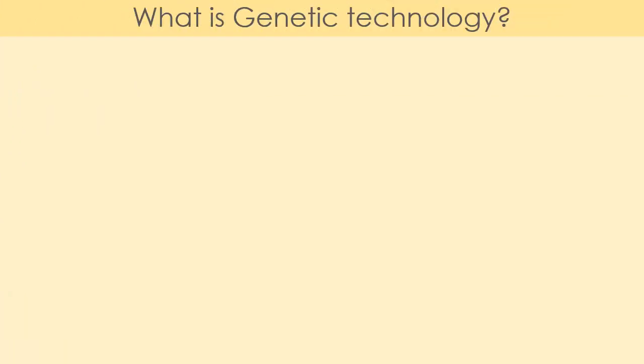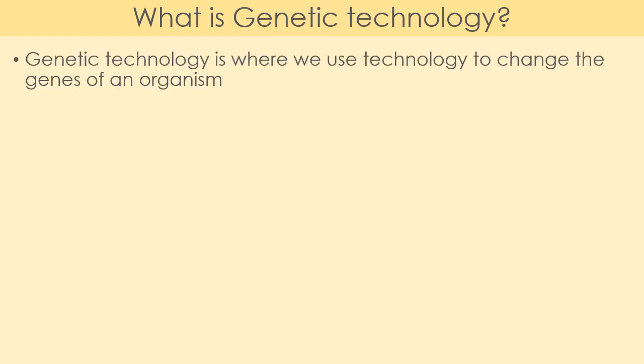So first we're just going to do a quick recap about what is genetic technology. Genetic technology is what it says on the tin. It's where we use technology, computers and various things to help us, using powerful microscopes and new biological technology, to change the genes of an organism.